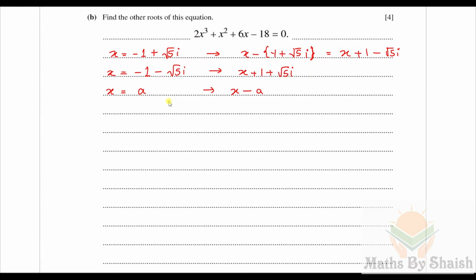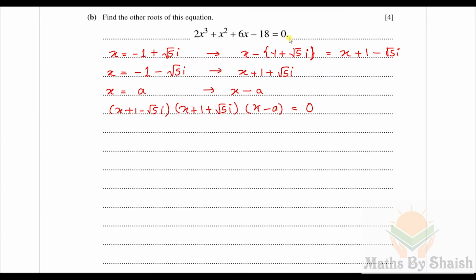So it is (x plus 1 minus root 5 iota) into (x plus 1 plus root 5 iota) into (x minus a) equal to 0. Then this must satisfy this equation.